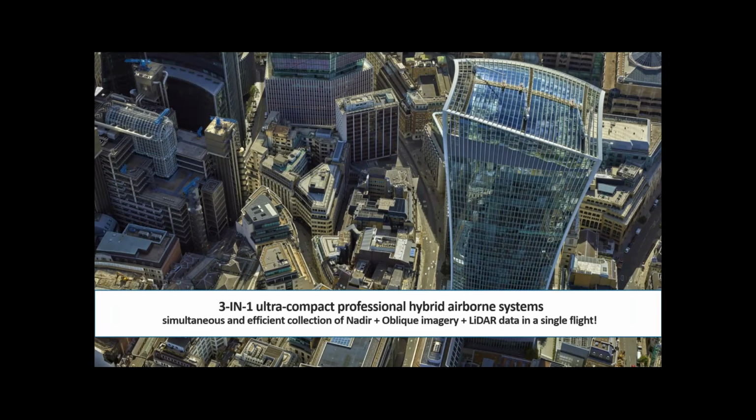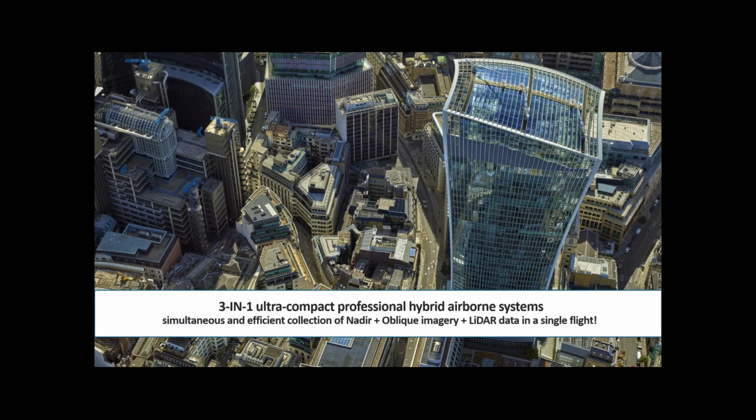Look here, this is just one of the images coming from the sensor. One of the big value adds of IGI is they have a 3-in-1 sensor. So while the plane is flying in one pass, you're getting nadir imagery, oblique imagery, and LiDAR in a single flight. For those out there that don't know, nadir imagery is when you're looking straight down from the plane. Oblique imagery is when you're looking out at the distance at an angle.